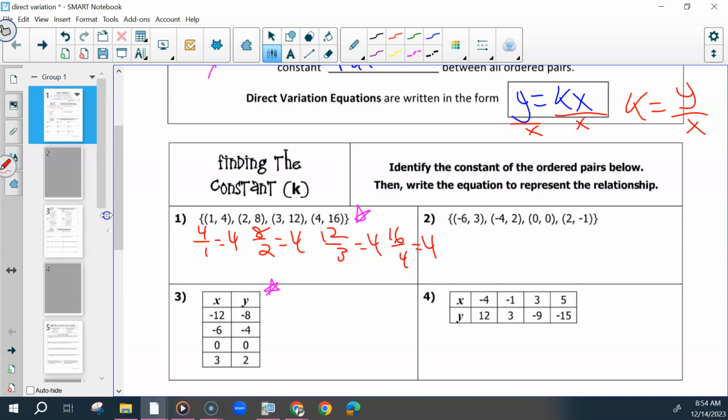So because 4 is our constant, it is the answer for each one. Write the equation. So it's going to be y equals 4x. Questions so far?